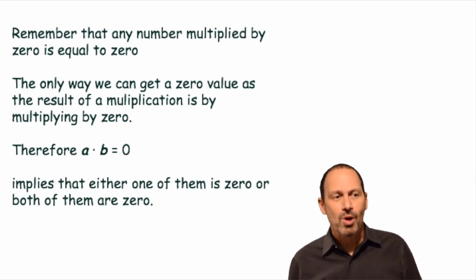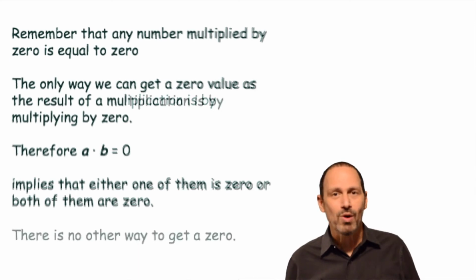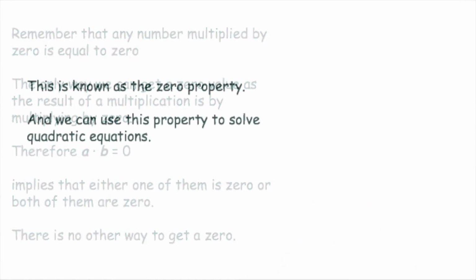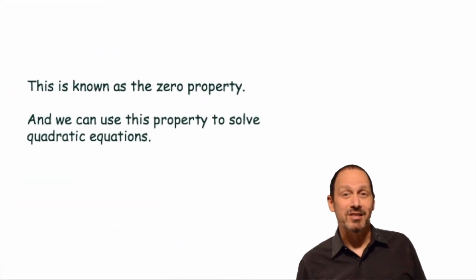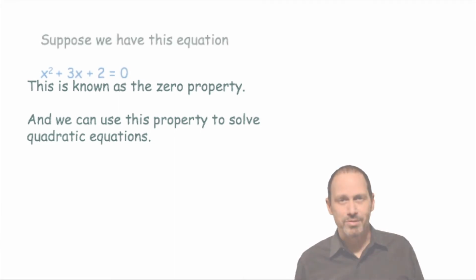In other words, one of them must be 0, or both of them are equal to 0. That's the only way to get 0 as a result, as the product of a multiplication. This is known as the zero property, and we can use this property to solve quadratic equations.